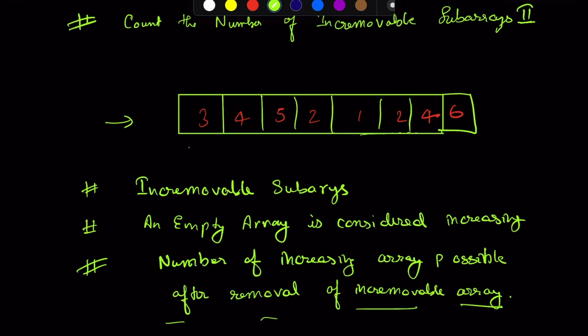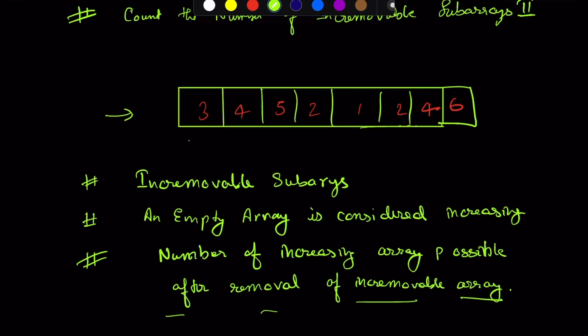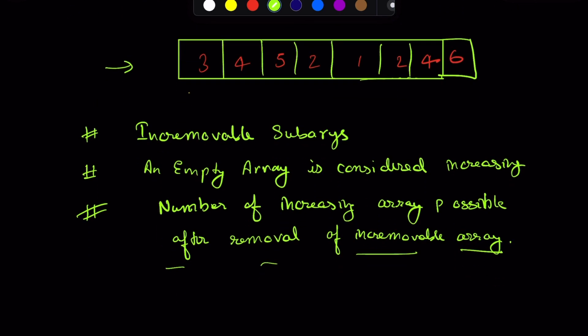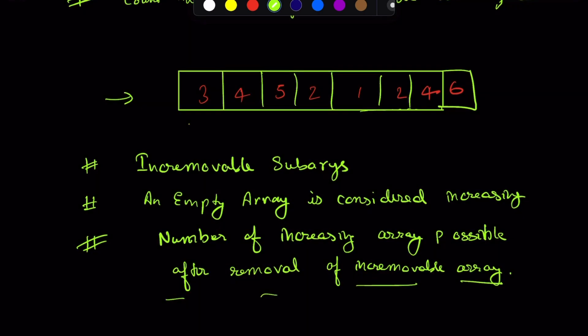So how can we remove these subarrays? There are in total 4 types of removal possible. Let's say if we try to remove the subarray from the right end, then the remaining array will be this, and we will check if this is strictly increasing or not. Similarly, we can remove from the left end.